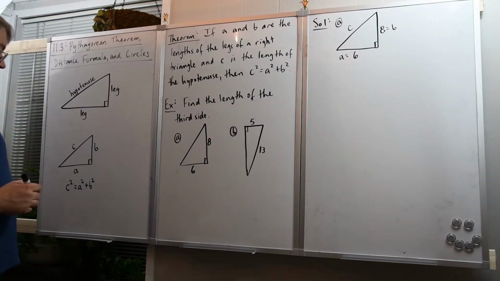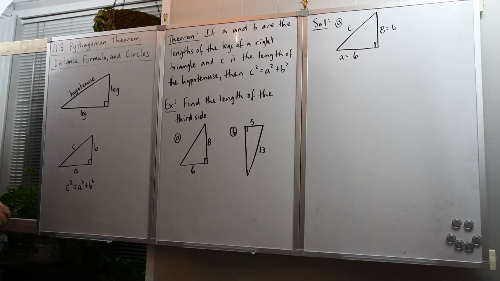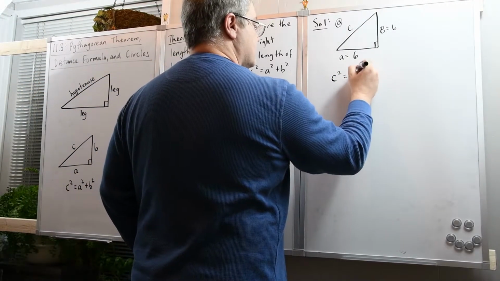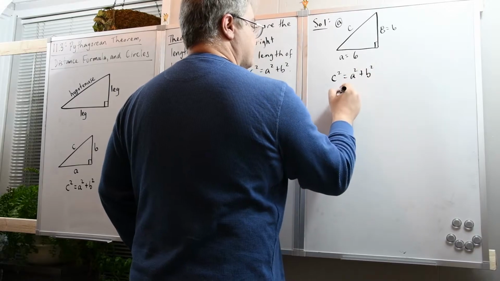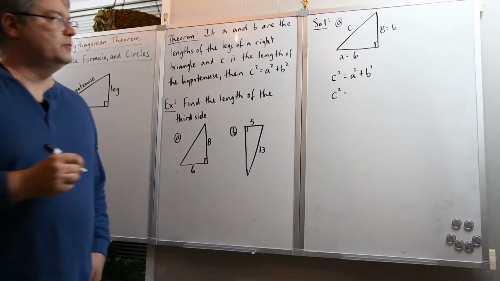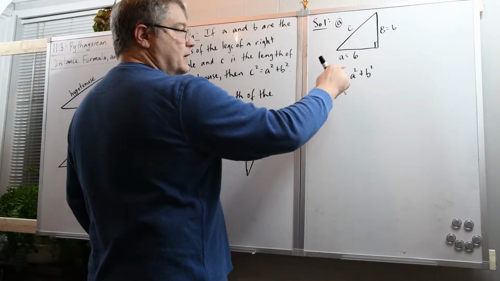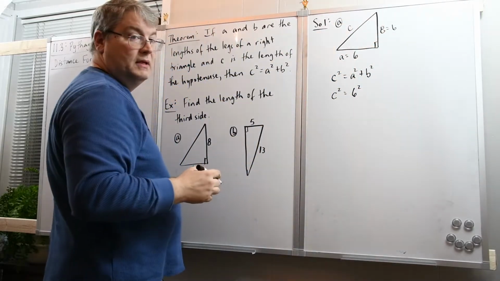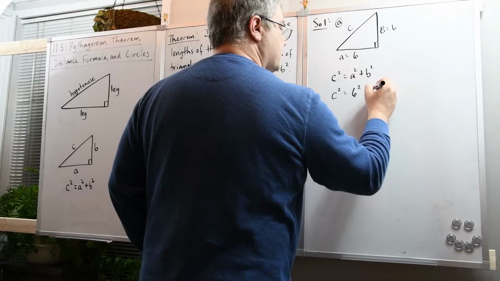According to the Pythagorean theorem, C squared equals A squared plus B squared. So we can write that out. C squared will be the same thing as A squared. Well, A is 6, so you'll have 6 squared, plus B squared. B is 8, so plus 8 squared.